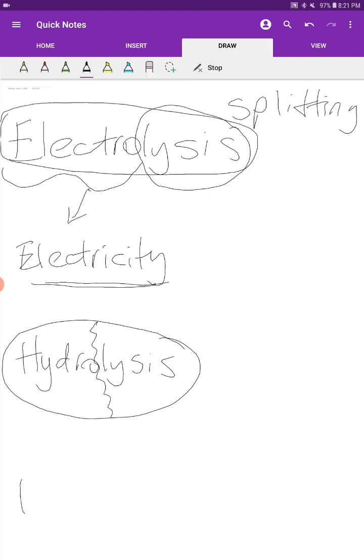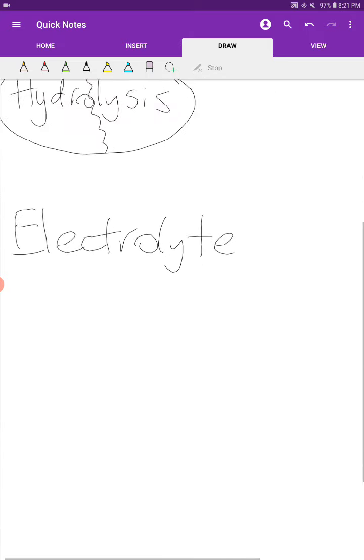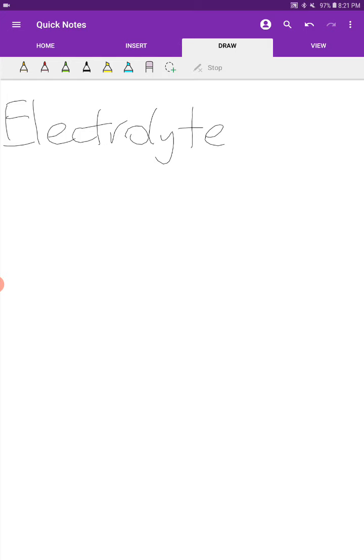Okay, so some terms you're going to need to be aware of in electrolysis, apart from the definition, is an electrolyte. And an electrolyte is a compound which is a conductor, which is a liquid. So it's a liquid substance that conducts electricity.